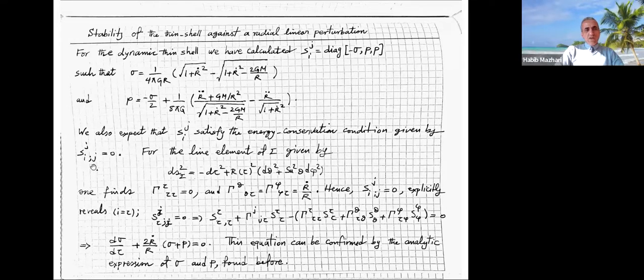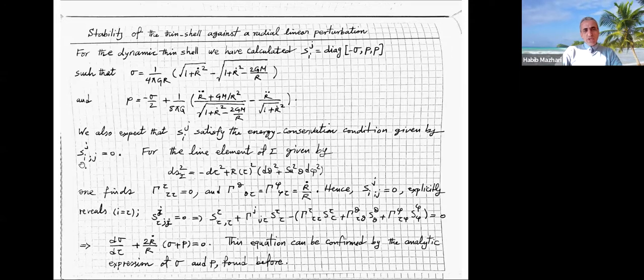If you remember, I already said Sij should satisfy the conservation of energy condition. So the covariant derivative of Sij with respect to j should be 0. This tells us, practically, that the energy doesn't go off from the surface. So in that case, let's write explicitly what it is.